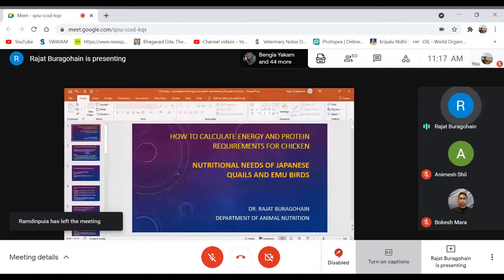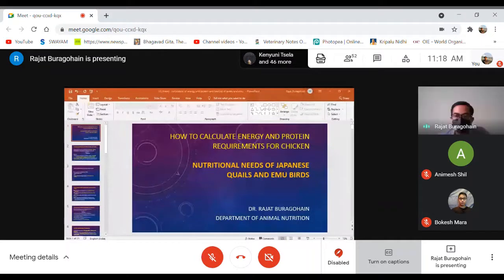Particularly Japanese quail are very easy to rear because they are very small in size, and moreover the maturity age is very low. They will start laying by 6 weeks of age, and if we rear them for meat, we can use them by 6 or 8 weeks. Therefore it is very convenient for the farmer to rear Japanese quail.